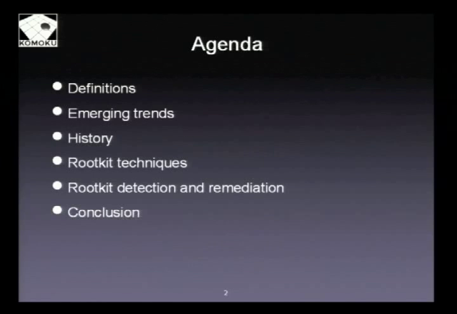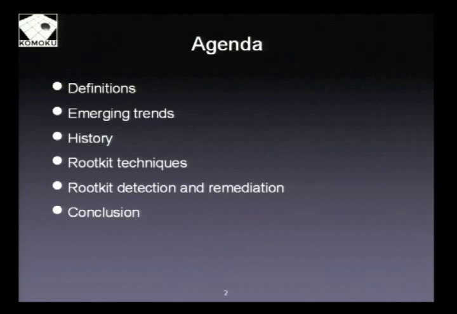So, the obligatory agenda outline slide. Basically, we want to talk about some definitions. If you look in this area, the definitions vary based upon who's making it. We want to talk about some emerging trends. We'll cover the history of rootkits. Rootkits are actually rather old in terms of their heritage, although they're just now coming into prominence.